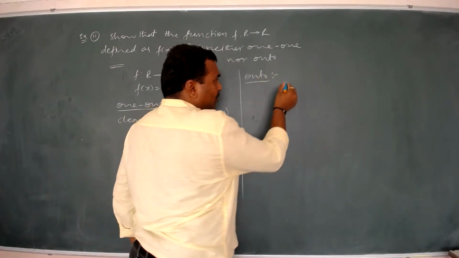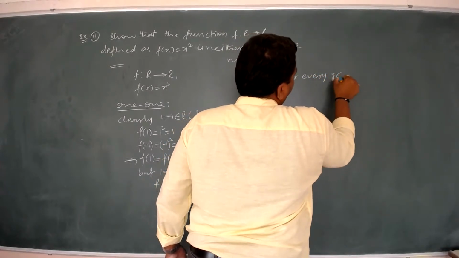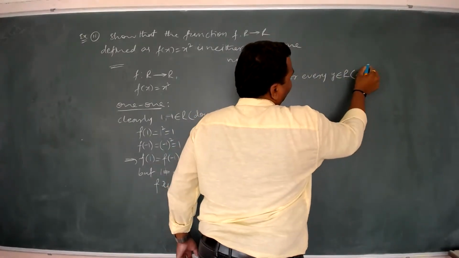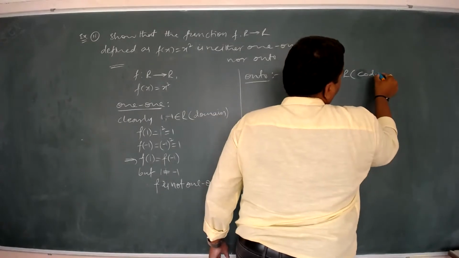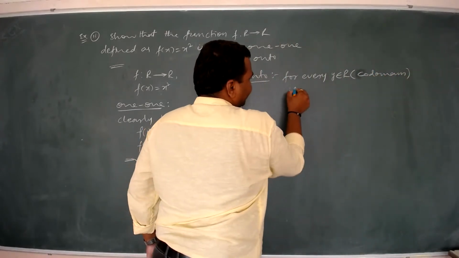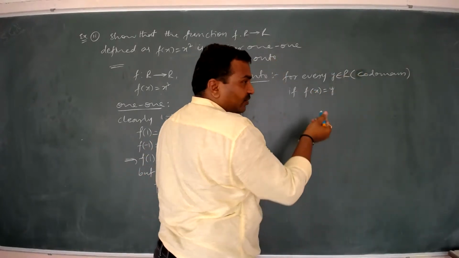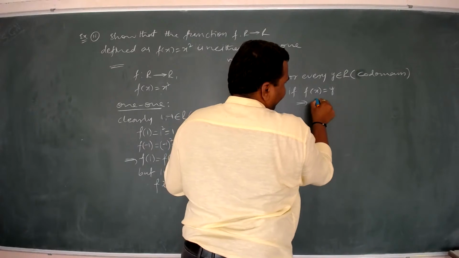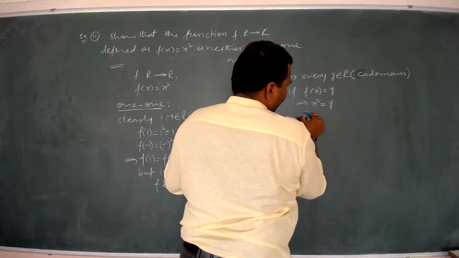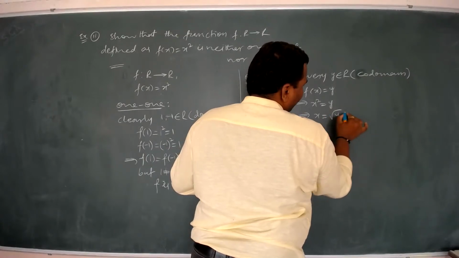Use the general method: for every y belongs to R. What is R here? Codomain. If possible, f of x equals y. What is f of x? X square equals y. So x equals root of y. Is it a real number or not?